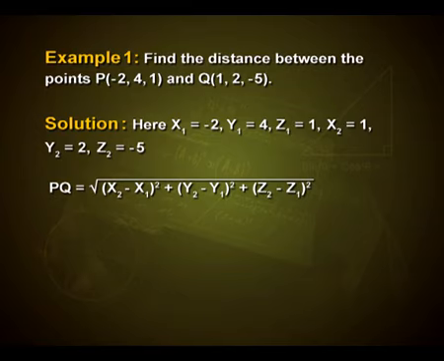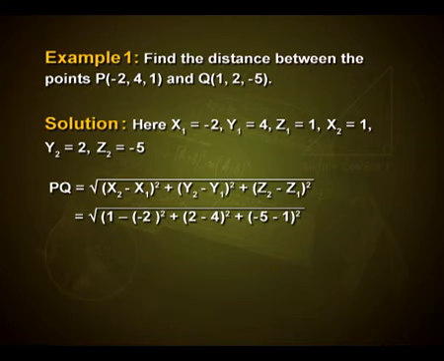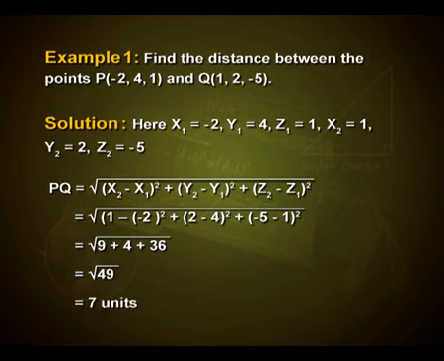On substituting the values, we have the square root of (1 minus -2) whole square plus (2 minus 4) whole square plus (-5 minus 1) whole square, which on simplification gives the square root of 9 plus 4 plus 36, which is equal to the square root of 49, and that is equal to 7 units.